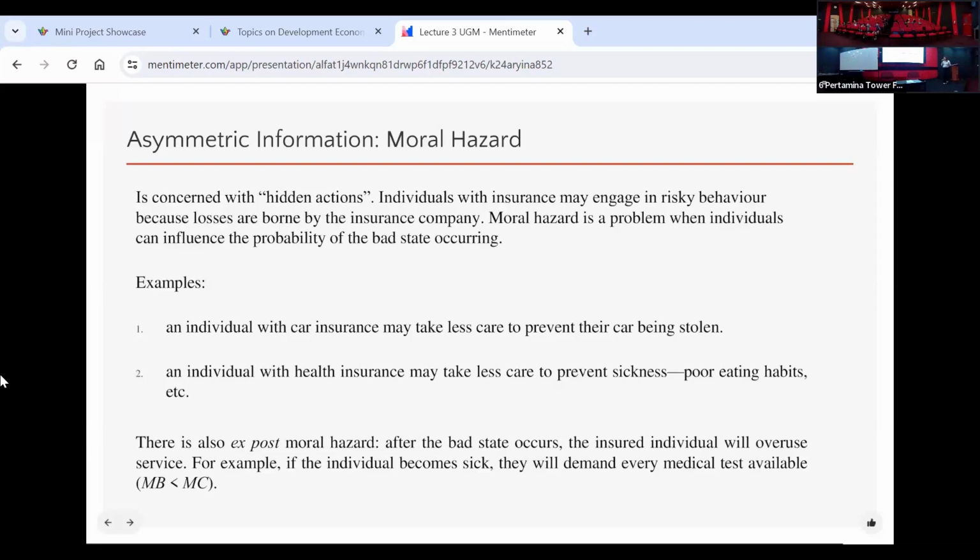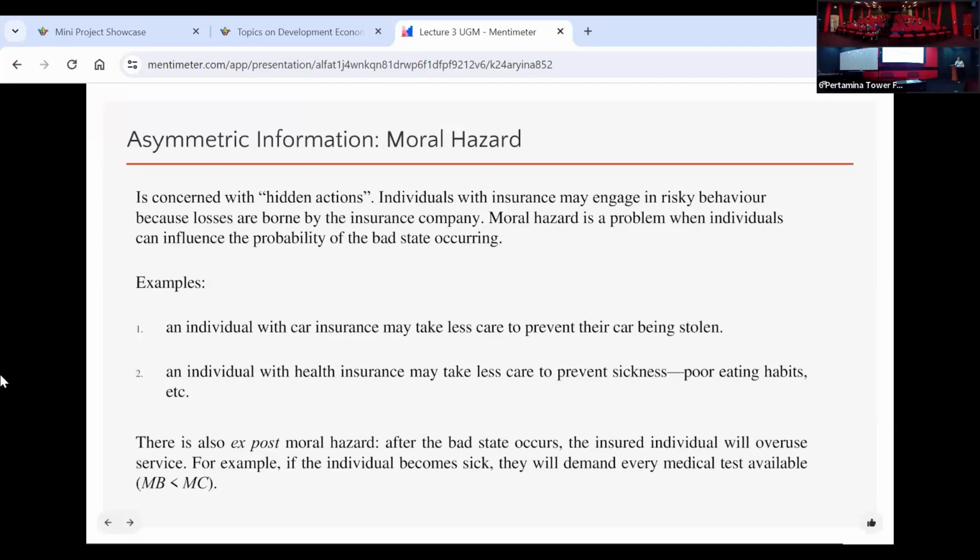So an individual with car insurance may take less care to prevent the car being stolen, or an individual with health insurance may take less care to prevent sickness. For example, poor eating habits, no exercising, because they know that they are insured, so they don't care. Okay, that's moral hazard.